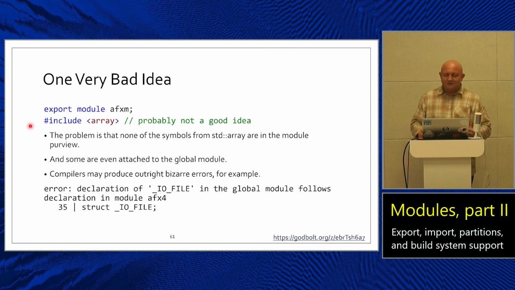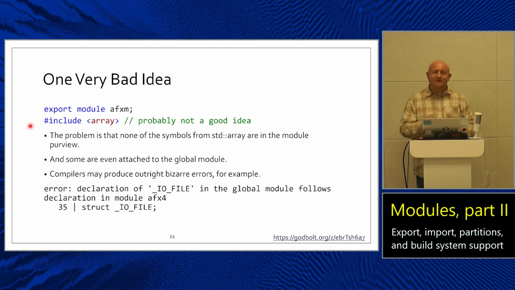This is also a bad idea. In other words, once you include something directly into a module, you effectively pour all of its global declarations straight into every place that imports your module. And that's a recipe for chaos. So yes, including headers directly inside a module is about the worst thing you can do.